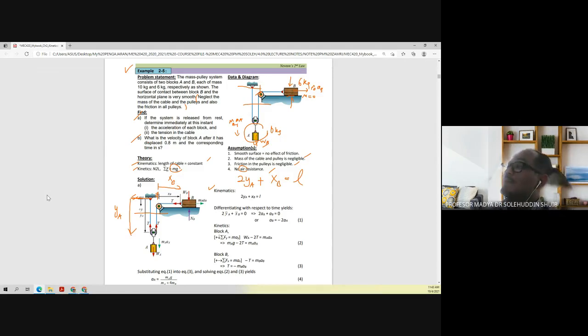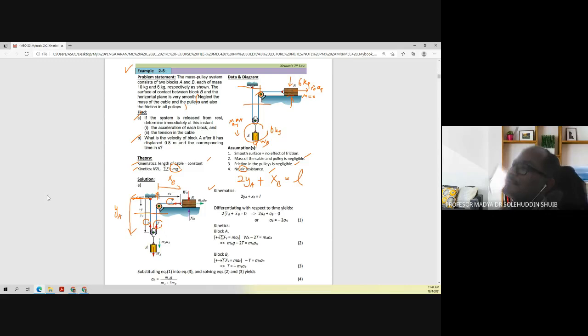For the string over here, because we have to relate with Newton's second law, we're going to have the tension of the string, T, and another T over here.